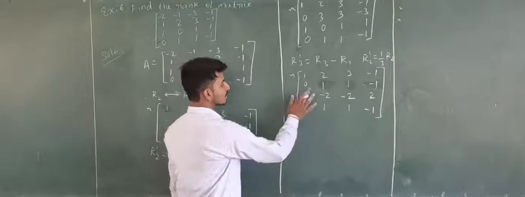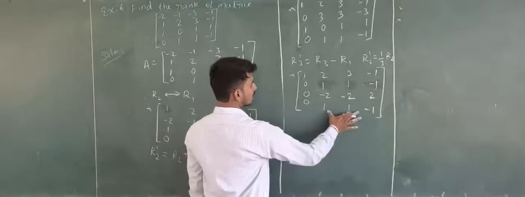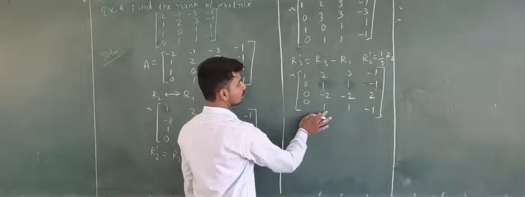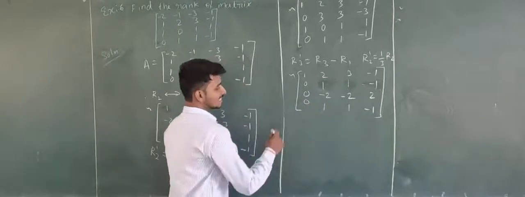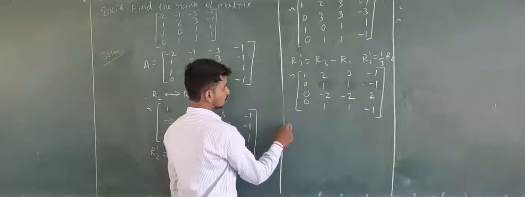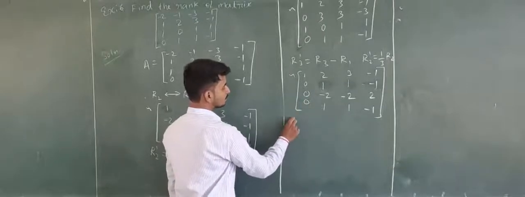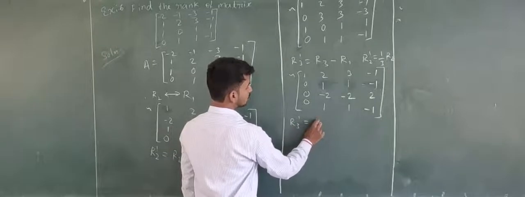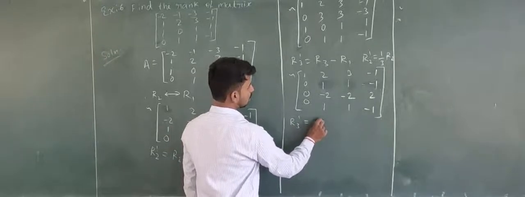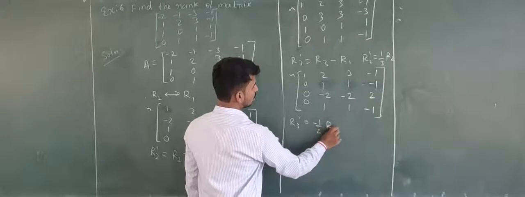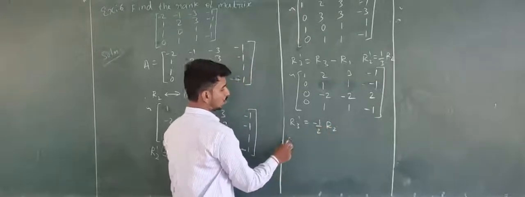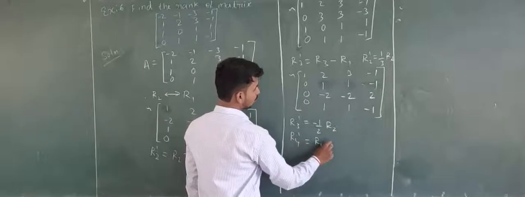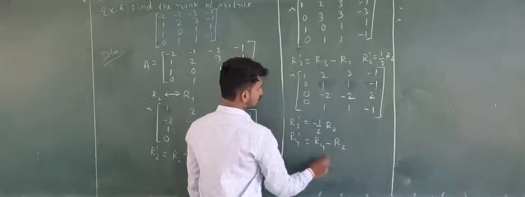By using the second row we will make this element 0, and we can divide the third row by 2. So R3 dash equal to minus 1 by 2 R3, and R4 dash equal to R4 minus R2.